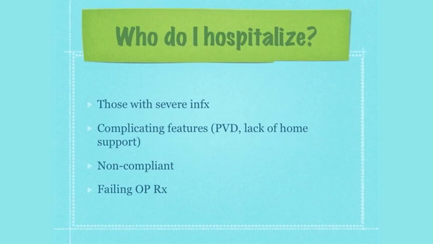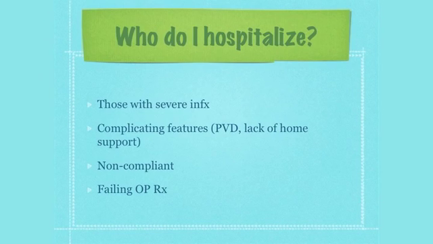So who do you hospitalize? This is a very common problem. If the patient has a severe infection, obviously you have to hospitalize the patient. How do you decide who has a severe infection versus a mild infection versus a minimal superficial infection? Well, that's where your physician skills should kick in.